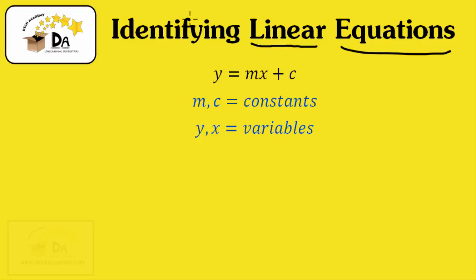So of all the equations that exist in the world, equations that take the form y equals mx plus c, where m and c represent constants and y and x represent variables, are known as linear equations.